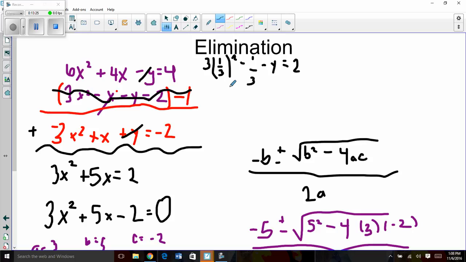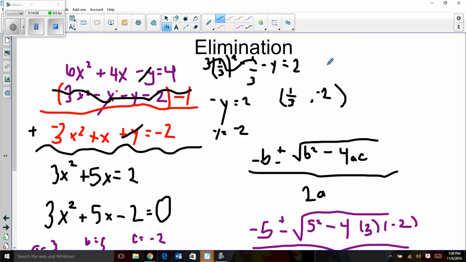So 3 over 9 is 1/3, right? Yep, so 1/3 minus 1/3 conveniently is 0. That's kind of nice. So we just have the negative y left, equals 2. So y equals, sorry, this is getting messy, negative 2. So we have one answer of 1/3, negative 2. And our other answer was negative 2, right?